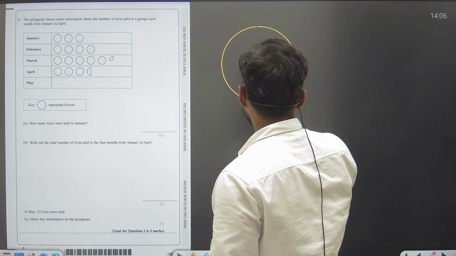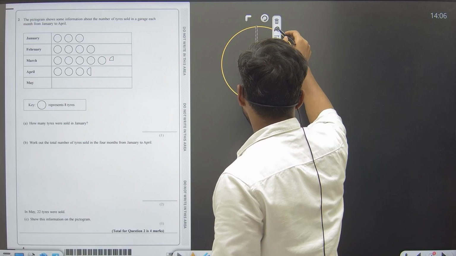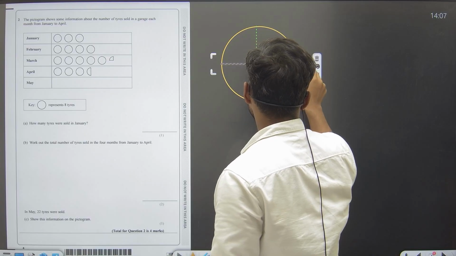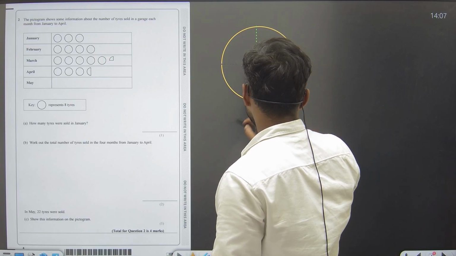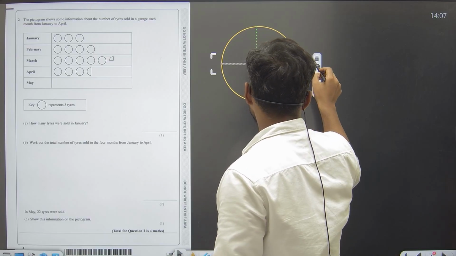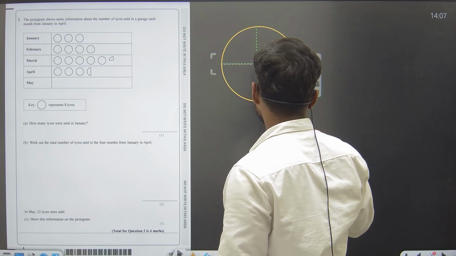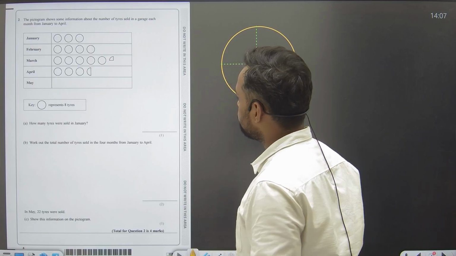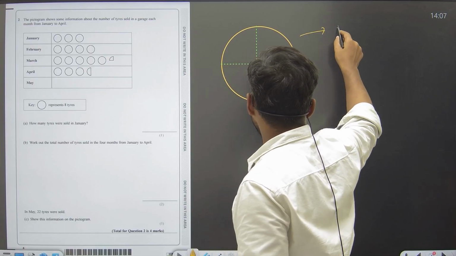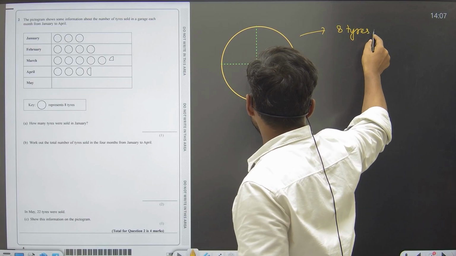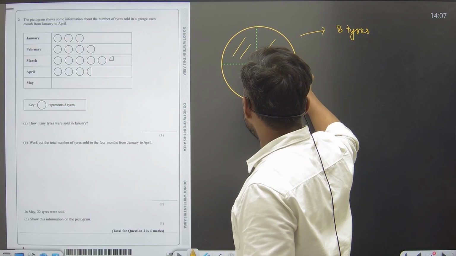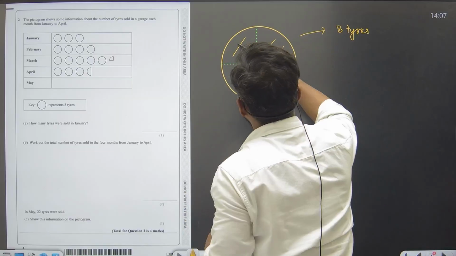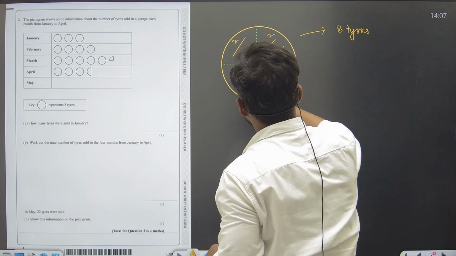So if this represents 8 tires, student, this whole circle represents 8 tires. So all the sub parts in it, how much will they represent? They will represent 2 tires, 2 tires, 2 tires, 2 tires.